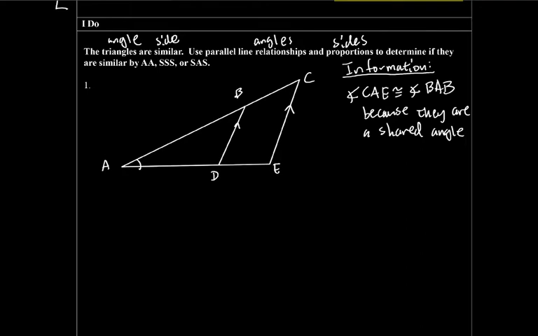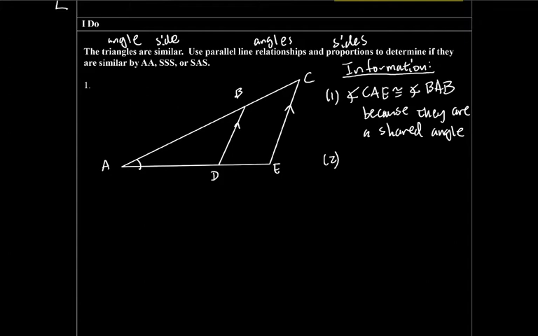So shared angle just means that they both have it in common. Well, what else do we know? Actually, we can number these. That way when we refer to them, we can use that for evidence.